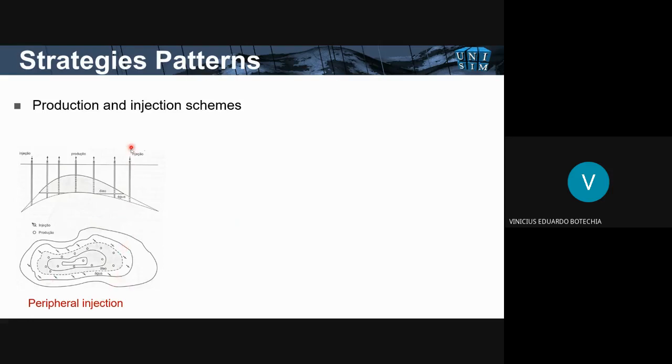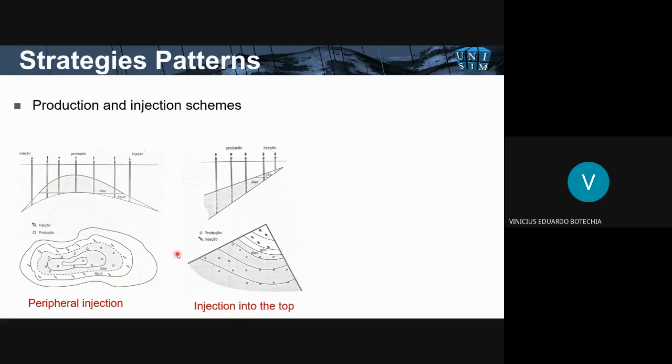People used to do this, injecting in the periphery of the reservoir and producing in the middle. You have some Pre-salt fields that have patterns like this, and we also have injection to the top.